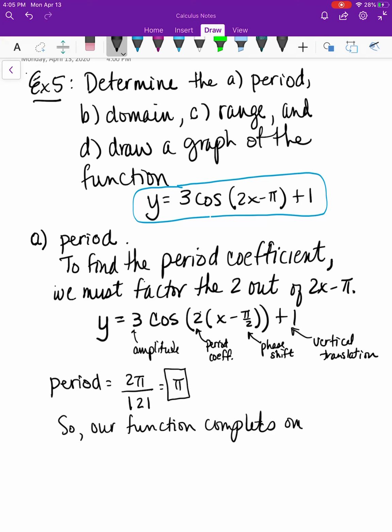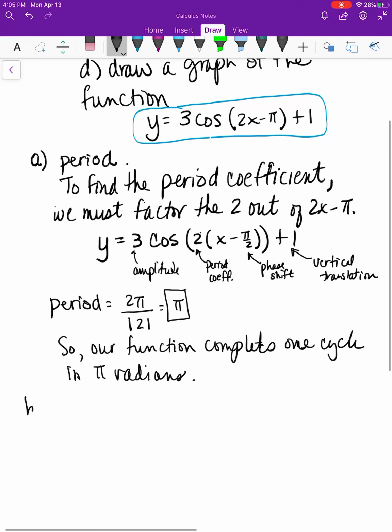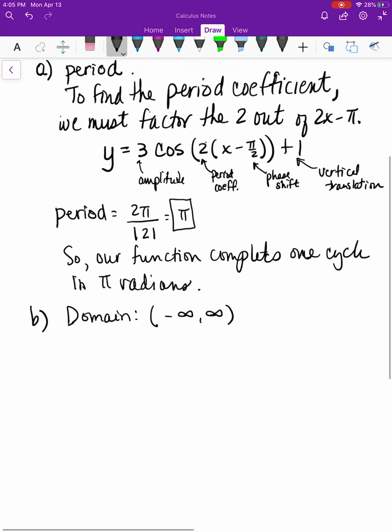And that means our function completes one cycle in pi radians. Okay. Part B. Domain.